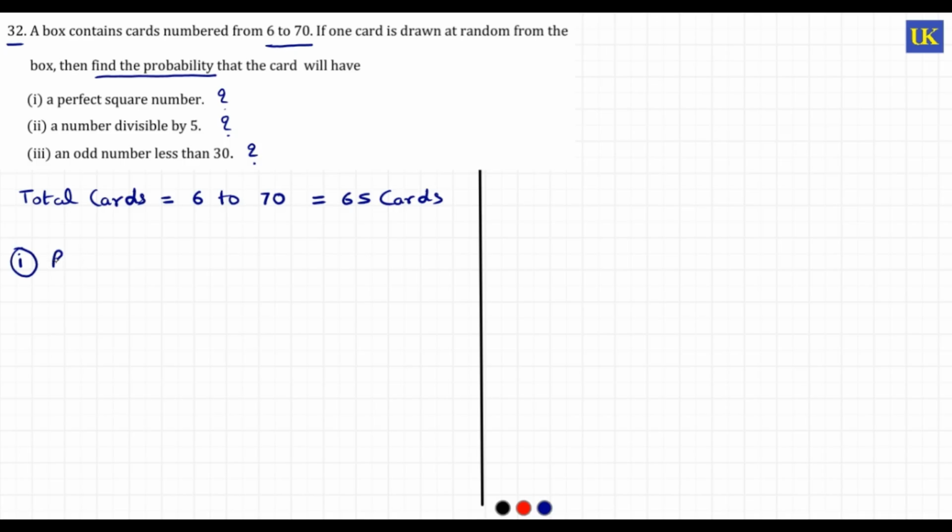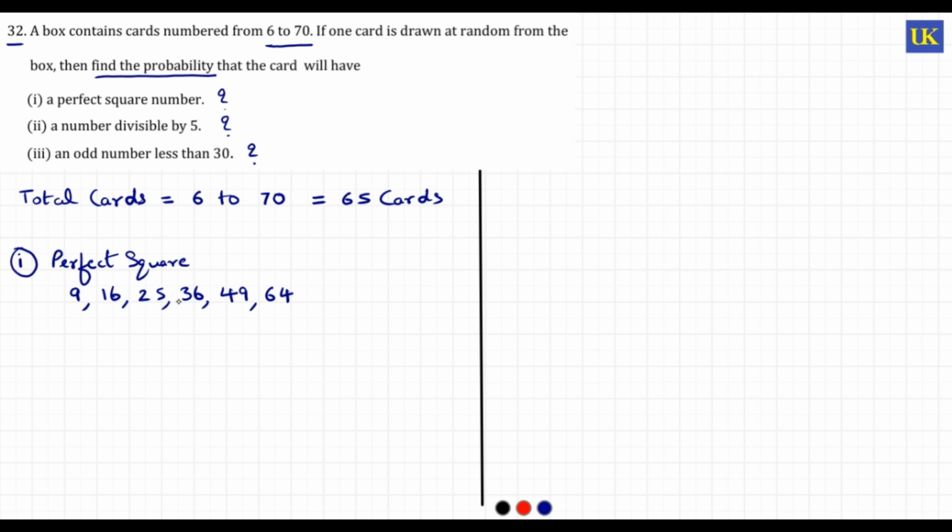So perfect square, and the cards are from 6 to 70. So 6 to 70 means 3 threes are 9, a perfect square number, then 4 fours are 16, 5 fives are 25, 6 sixes are 36, 7 sevens are 49, 8 eights are 64, and 64 is the last number before 70.